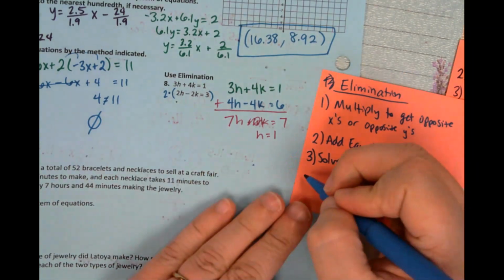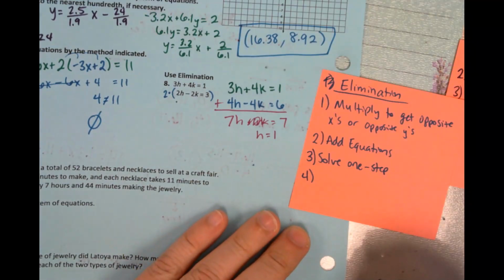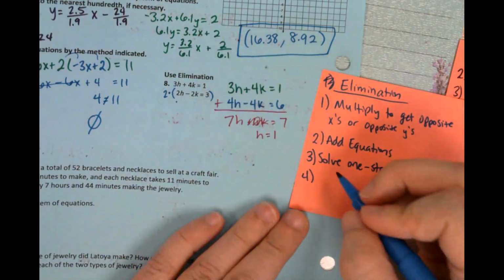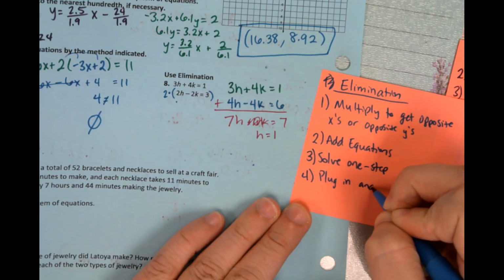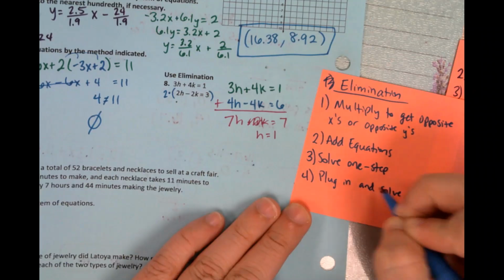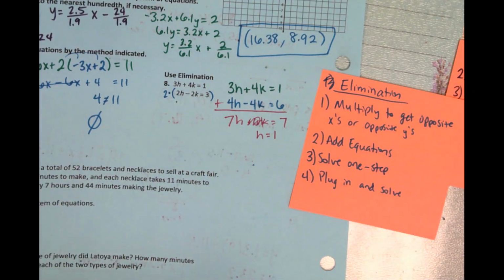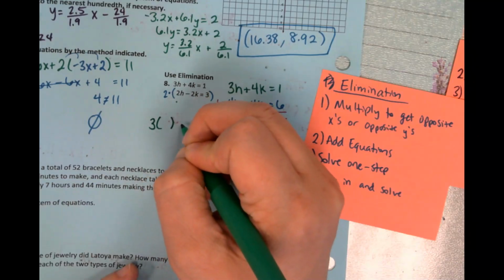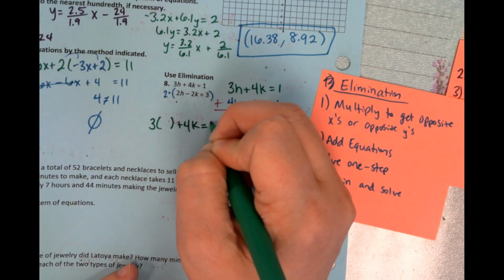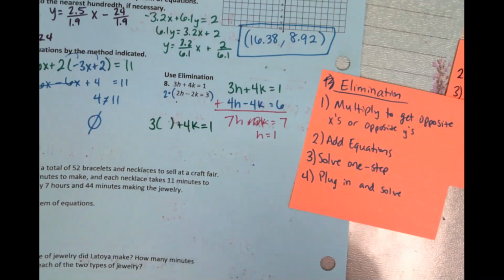After you do this, you plug in your answer to either original equation and solve for the other variable. So we now know that h equals 1. So I'm going to use my first equation again, because it doesn't matter which equation I use. 3h plus 4k equals 1. And now I know h equals 1.